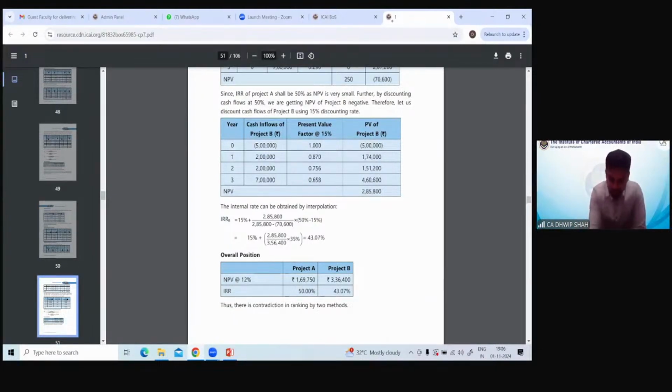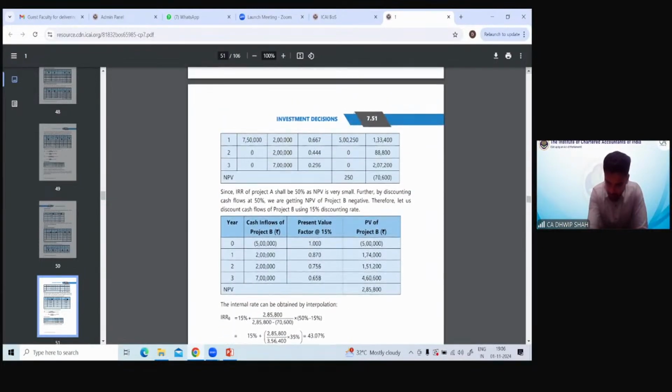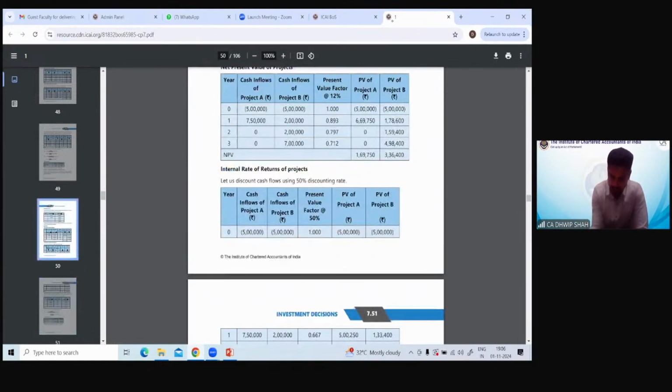I guess IRR will take much time. Here, under this illustration, IRR is coming very high.